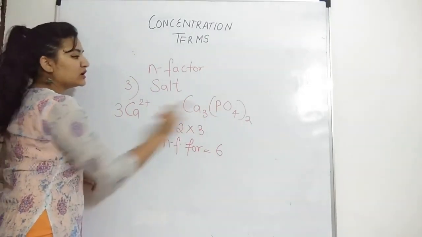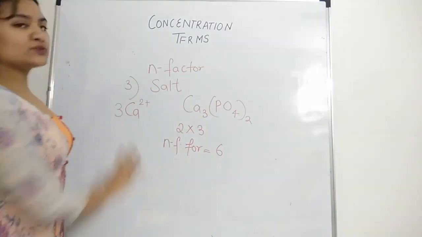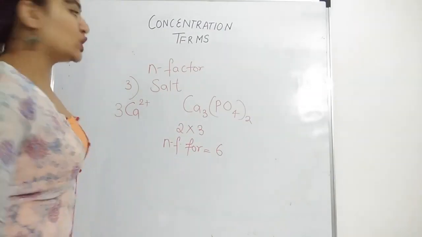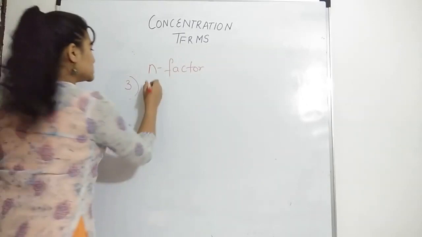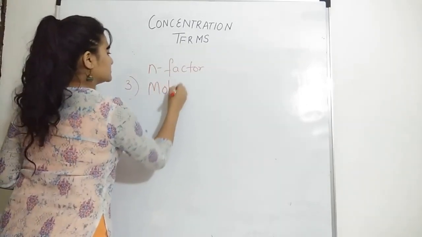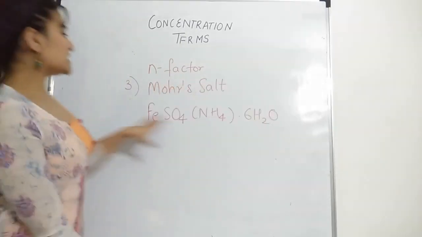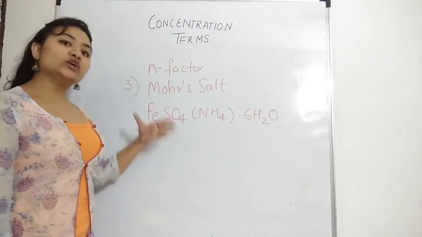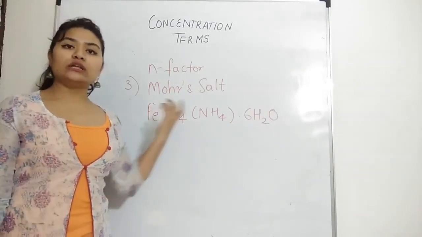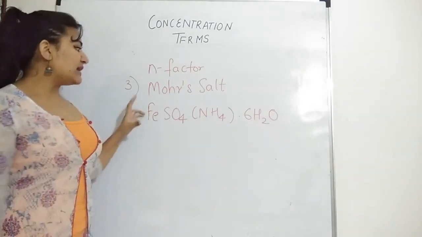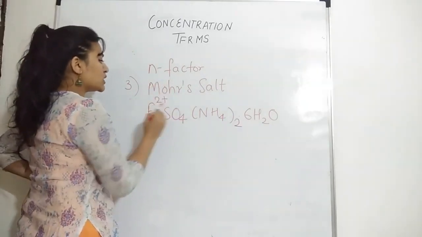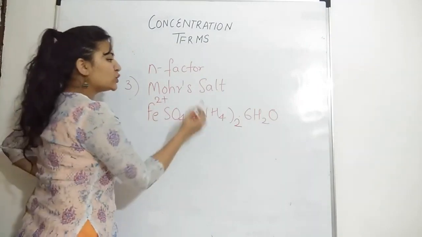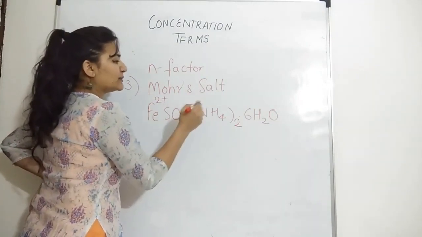Now again coming back to the salts. Now this was a simple salt. If I have a complex salt, a double salt like Mohr salt, in such a case, just calculate the total positive charges or the total negative charges. अब Fe, इसमें क्या क्या positive charges होंगे? Now there's 2 plus on Fe. There are 2 NH4. Each NH4 will be 1 plus.